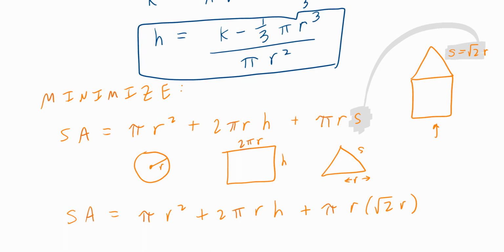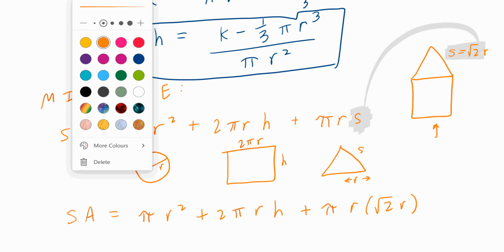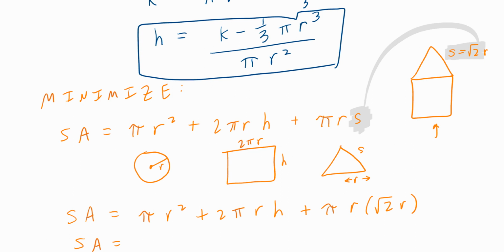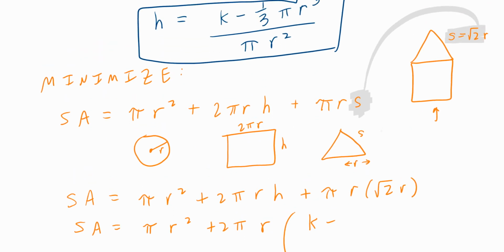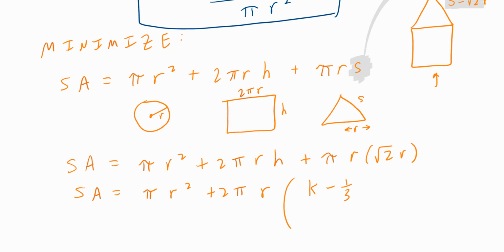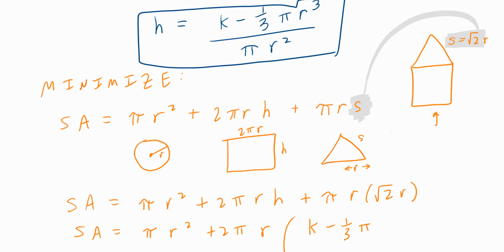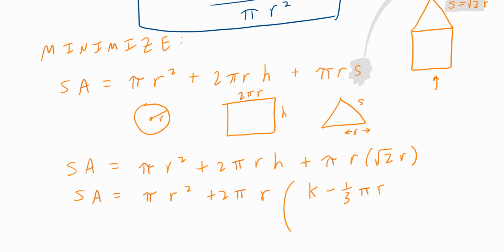So we're going to plug it into the following line. Again, if I go back to orange, the surface area equals pi r squared plus 2 pi times r. And if you plug it back in, this is going to be k minus 1 over 3 times pi times r to the power 3 divided by pi times r squared, plus root 2 times pi times r squared.